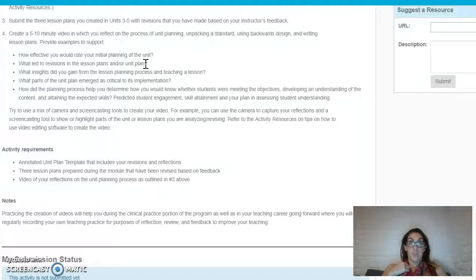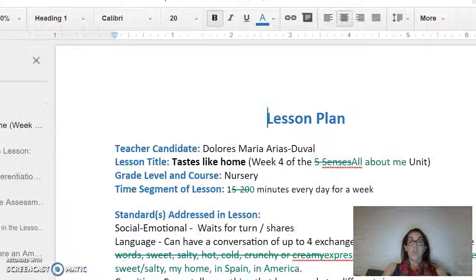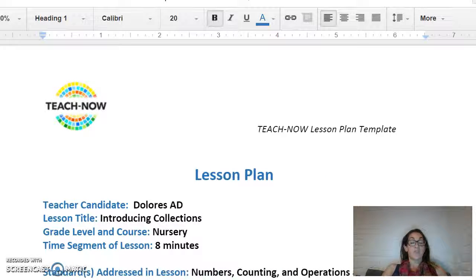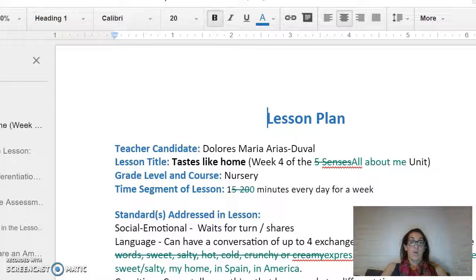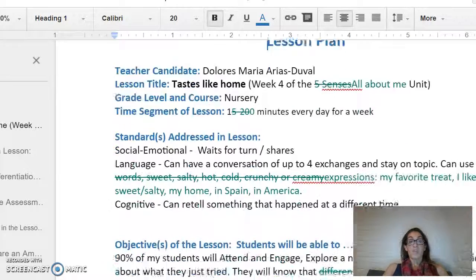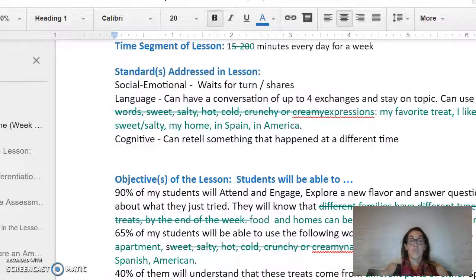Most of the revisions that my lessons had were also related to multicultural perspectives and integrating them, because all three of my lessons were, apart from the lesson that was specifically about inclusion, about bringing multicultural aspects into it, the other ones didn't really have that.